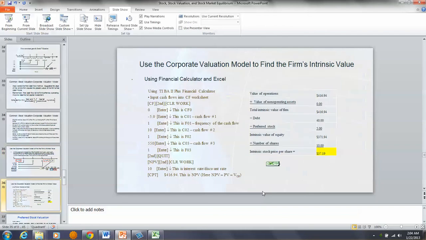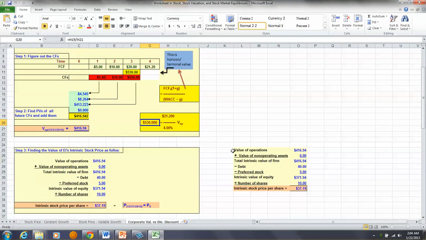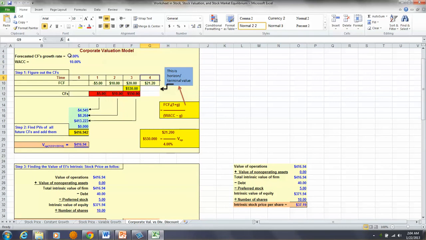Let's look at this Excel example again. So your cash flow 1, cash flow 2, cash flow 3, and after year 3 the growth rate is going to be a constant 6%. So you find the year 4 value by multiplying the year 3 value times 1 plus the constant growth. So you have what we call the horizon value, or terminal value, or your value at time 3.